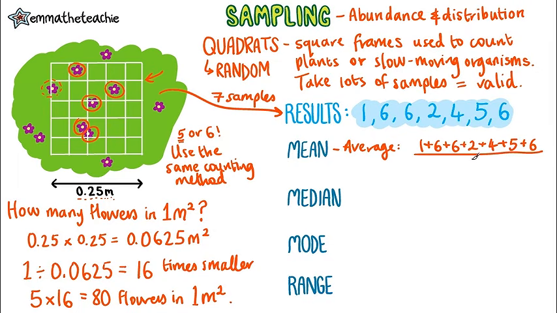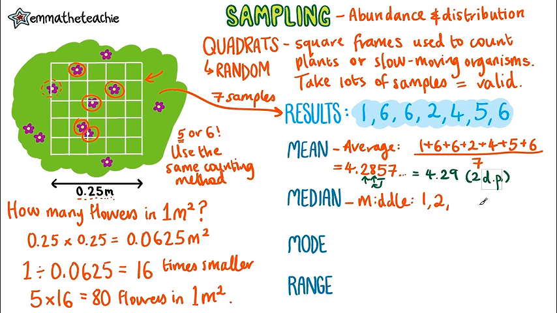So in this case, we had 7 samples, so we divide by 7, and this would give us 4.2857. Questions will specify if they want it to 2 decimal points or 2 significant places, etc. In this case, we'll do it to 2 decimal points, and the 5 makes the 8 round up to give us 4.29.